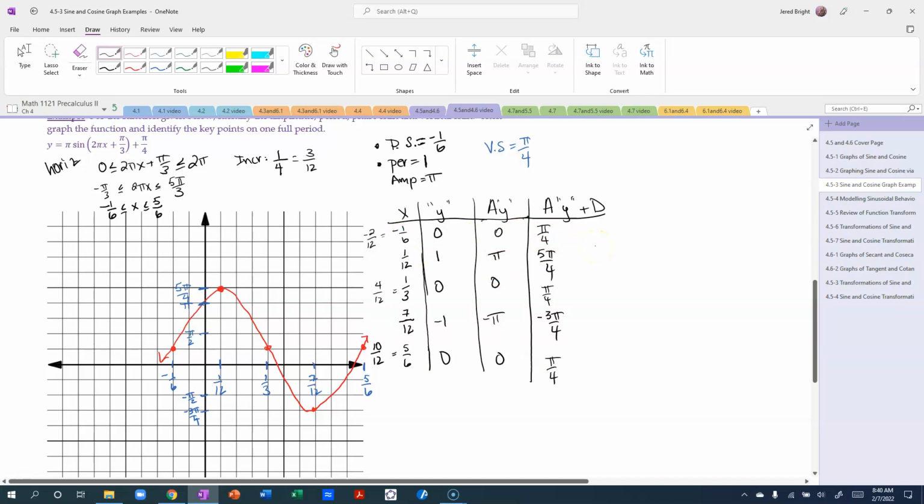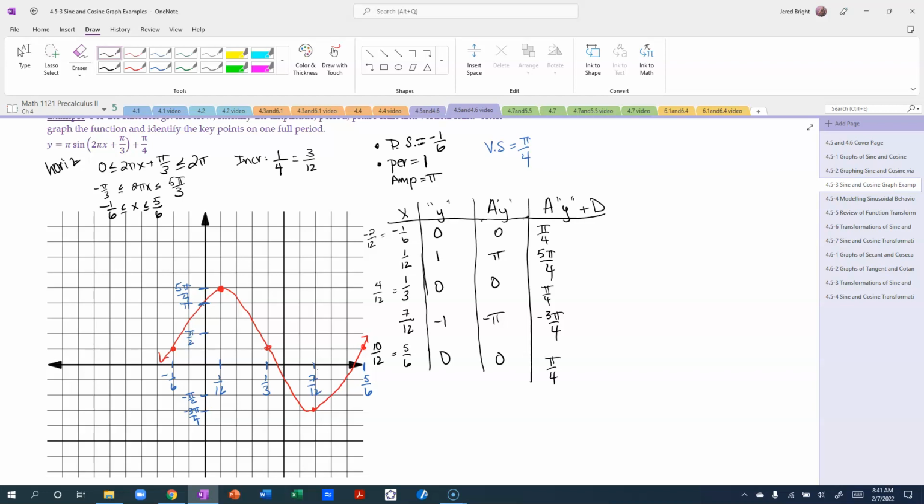Now, in setting up the graph, this one was a little weird to set up in that what I did is I let each tick mark on the graph represent width horizontally at least of 1/12. So -1/6 was -2/12, so that's why it's 2 to the left, and then I incremented thereon. I just labeled the x values of each key point just so I could use that as a quick reference.